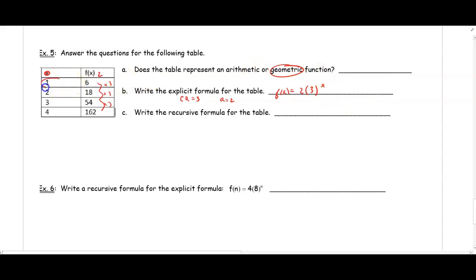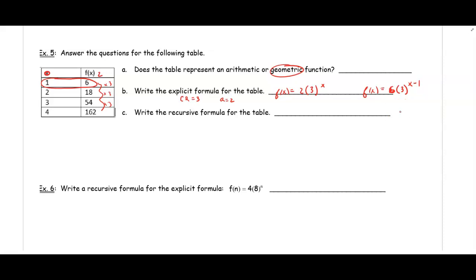If you don't want to work backwards and you want to use this ordered pair (1, 6), you could also use A, which is 6, times 3 to the x, but I have to subtract 1 up top. That's where it gets a little tricky.